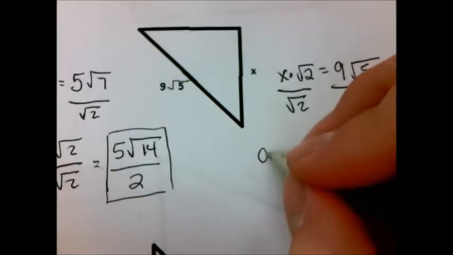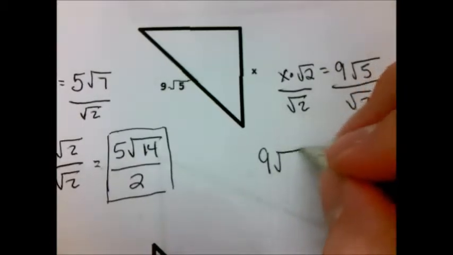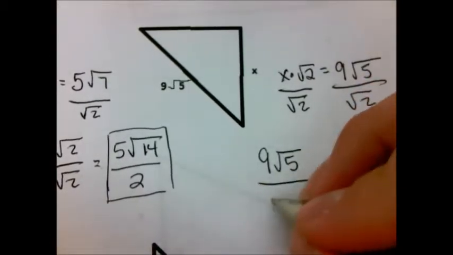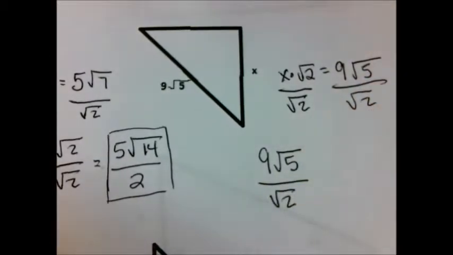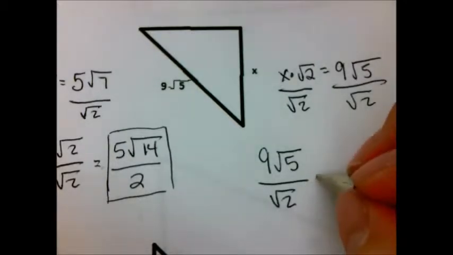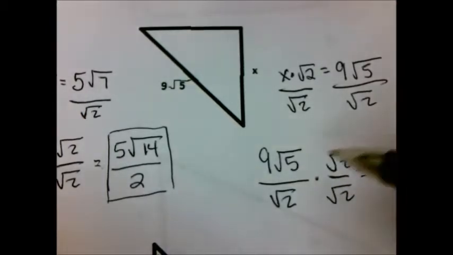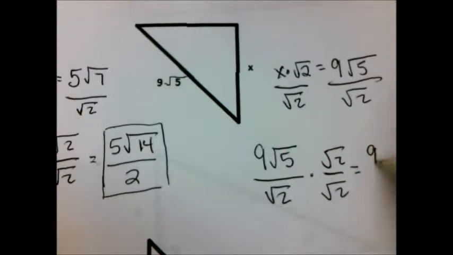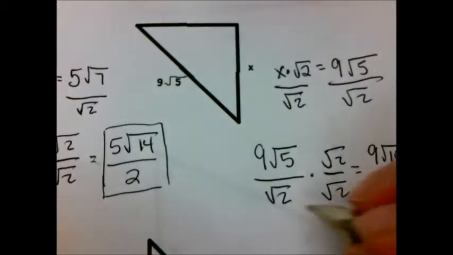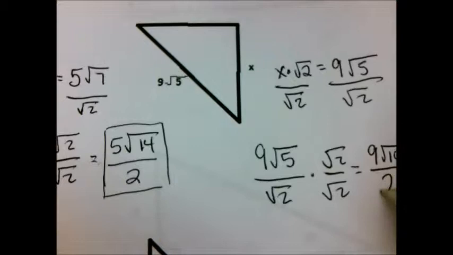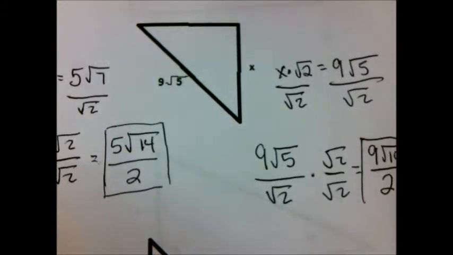So we have 9 square root 5 over square root 2. And then we had to multiply both the top and bottom by square root of 2. Alright, when we do that, 5 times 2 becomes 10. These two cancel out. Can't reduce. So we're done.